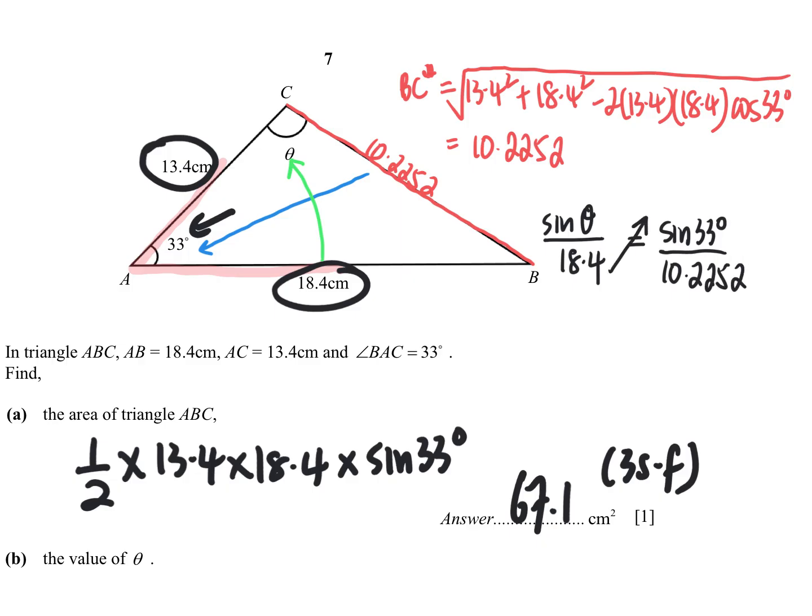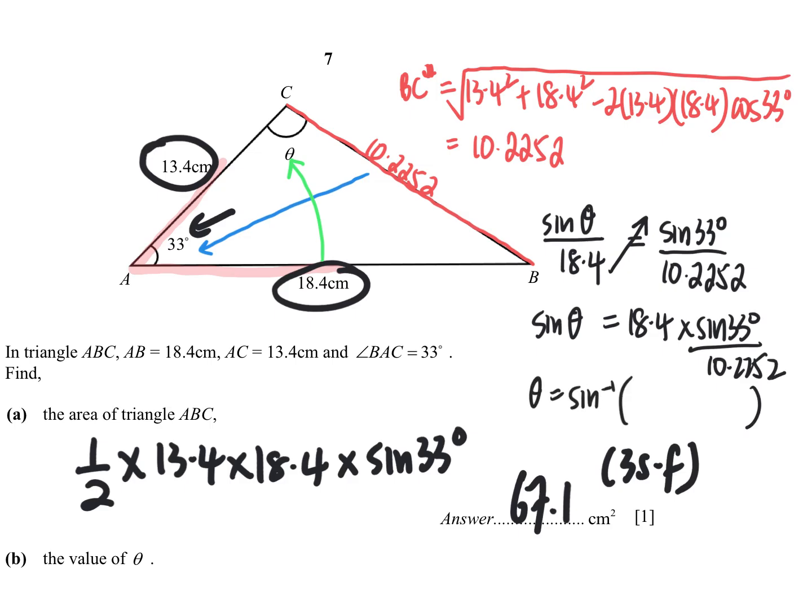Then cross multiply. Okay, this whole thing has the answer. So what's your answer? 78.5. Okay, 1 dp.